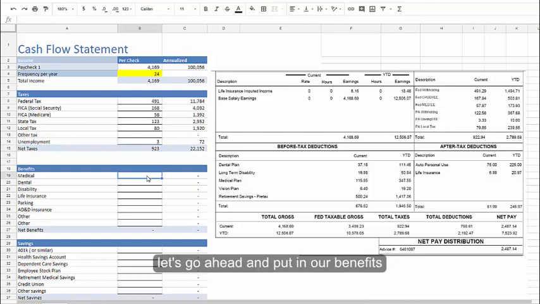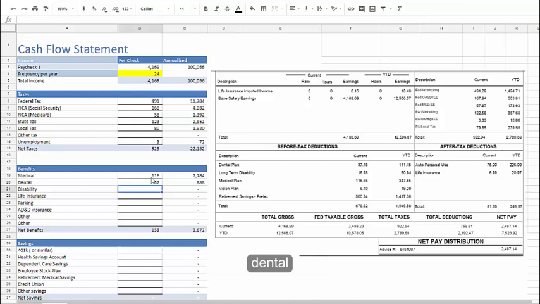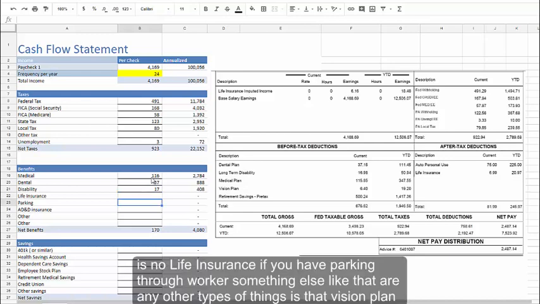Let's go ahead and put in our benefits. So we have medical, dental, disability. There's no life insurance.